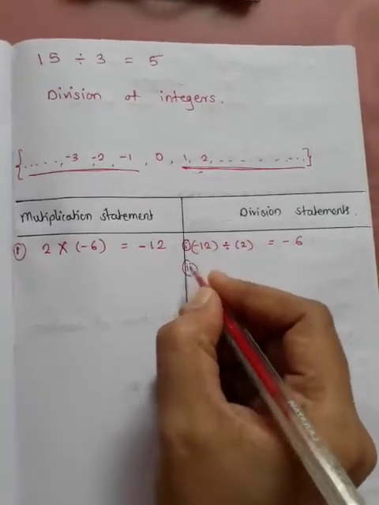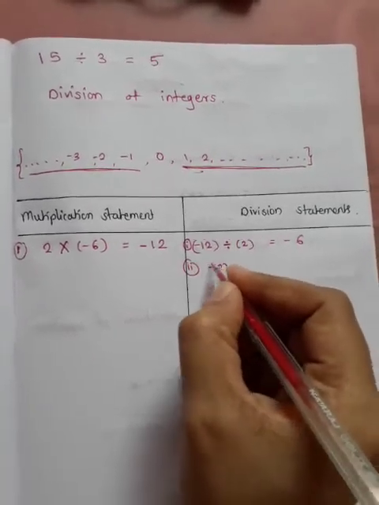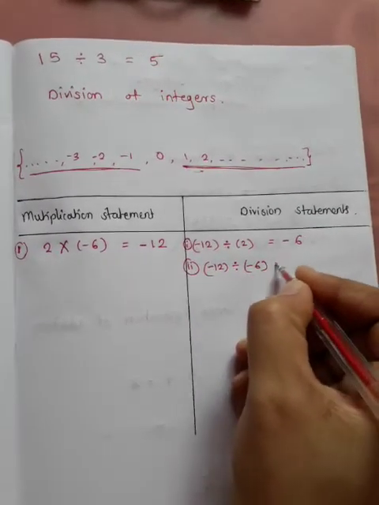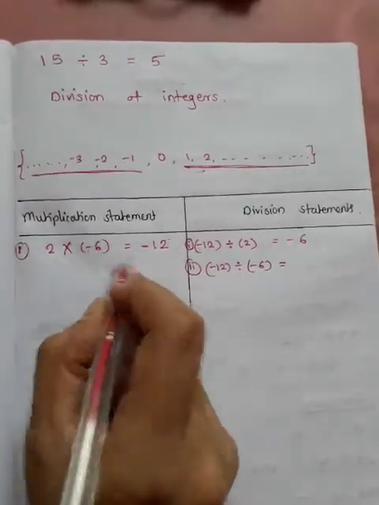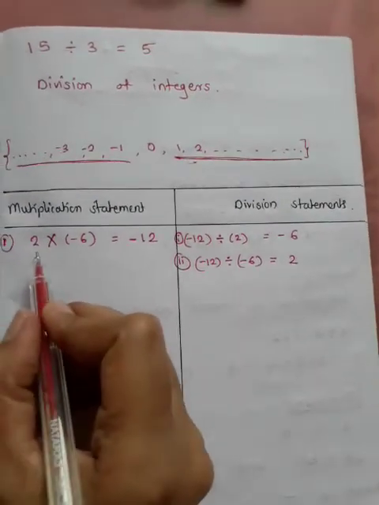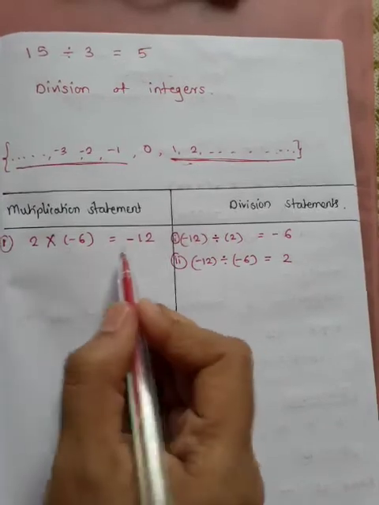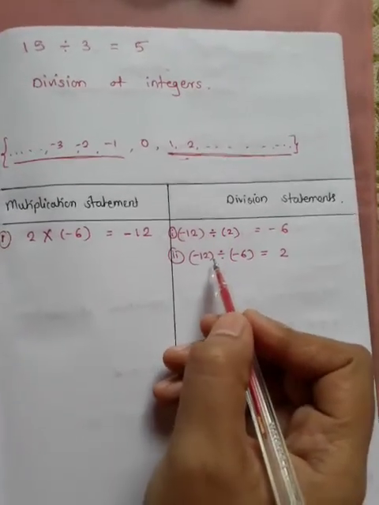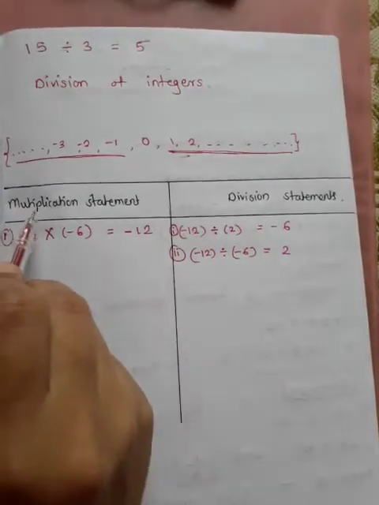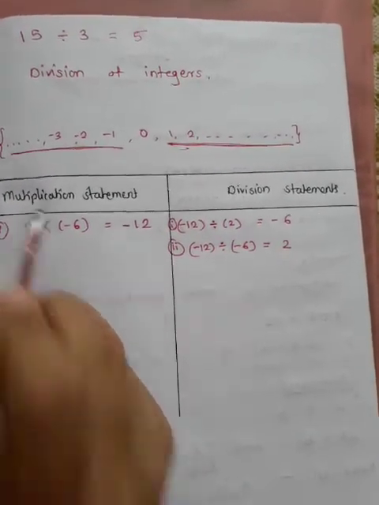So the first statement, and the second statement: minus 12 upon minus 6 is equal to, when minus 6 goes to the opposite side, what will remain? 2. So from the multiplication statement we get two division statements, because division is the inverse operation of multiplication.